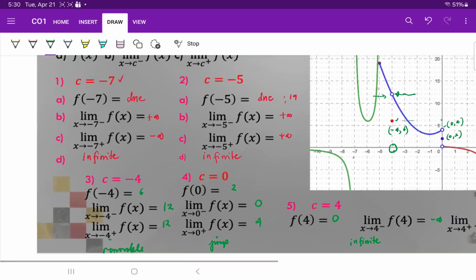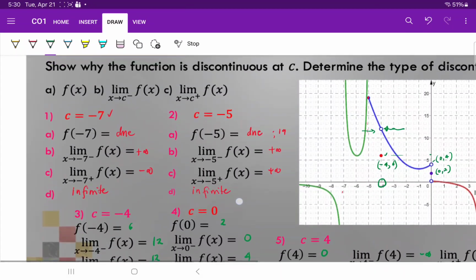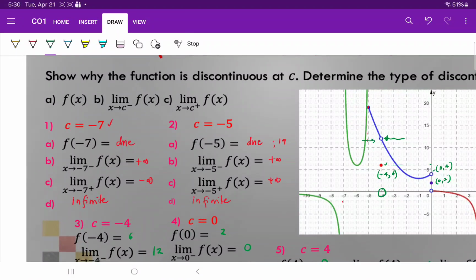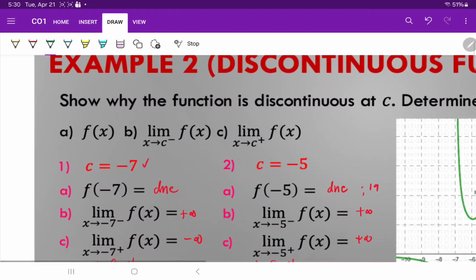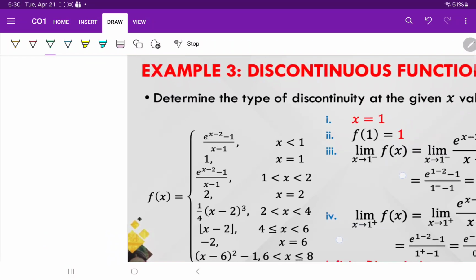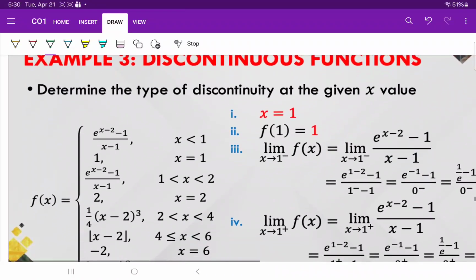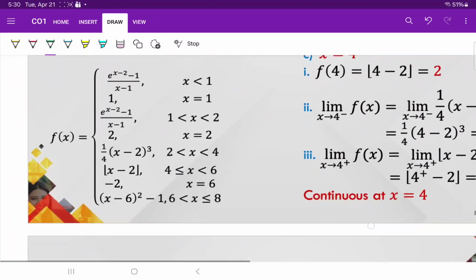So they are consistent with what we got when we simply used the graph, or when we use the three conditions for the function to be continuous, conditions A, B, and C. Now there are other examples here, and these are for you to go and look for the solutions. There are answers.